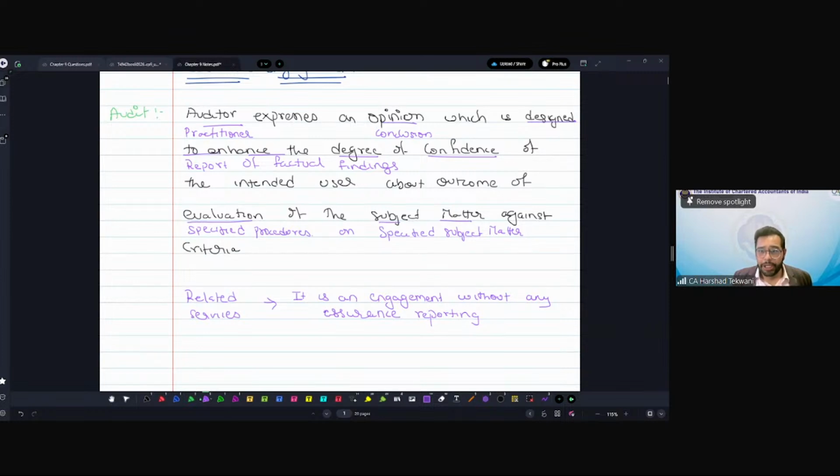Are you getting the point? So, agreed upon procedures basically talks about whatever procedures are performed, at the end you report a factual finding. It can be a specified subject matter, specified elements, accounts, item of financial statement, non-financial information, whatever.